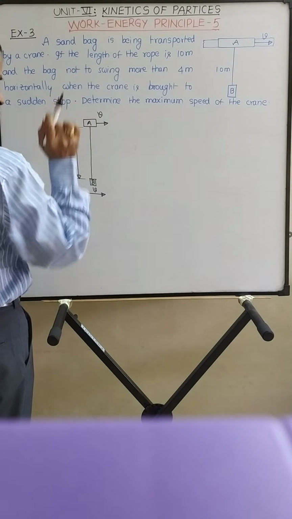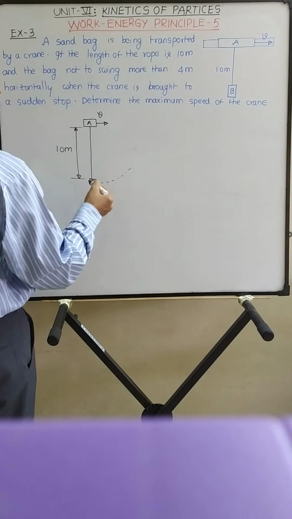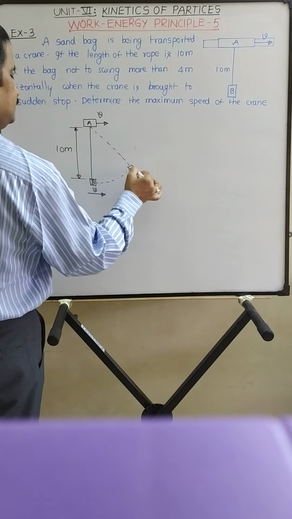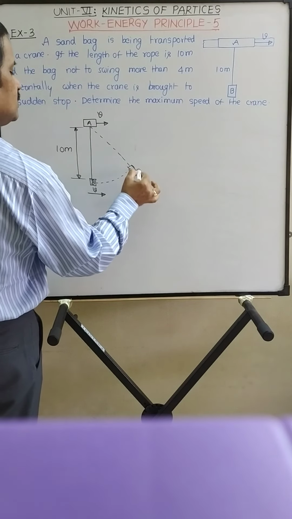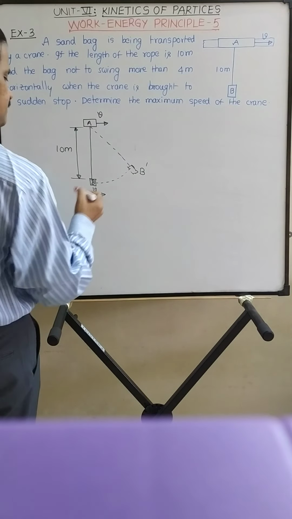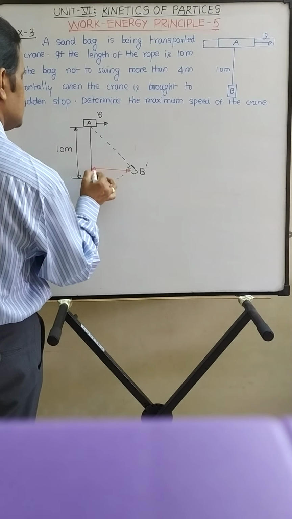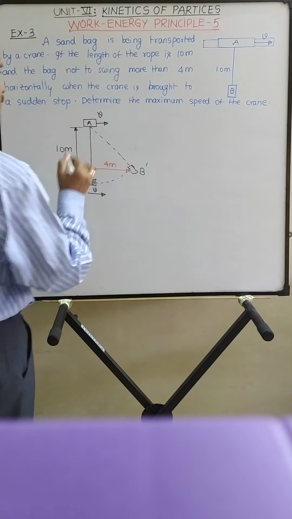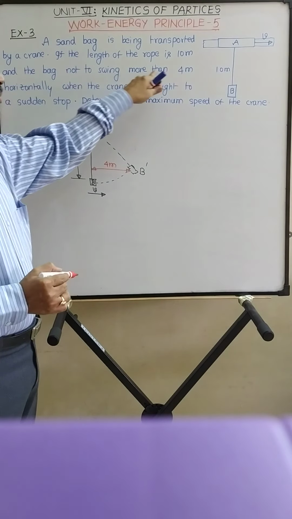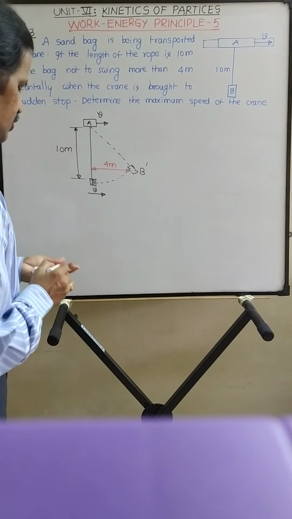Now when it stops, the sandbag will swing forward to the position B dash. And what is the condition? The maximum horizontal swing is 4 meters. The bag should not swing more than 4 meters horizontally when the crane is brought to a sudden stop.